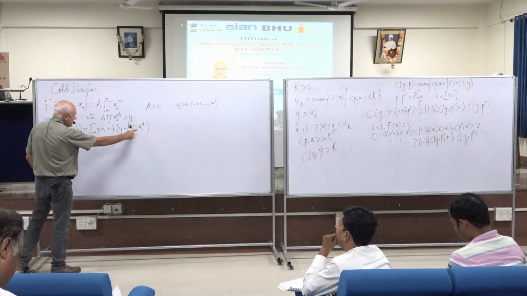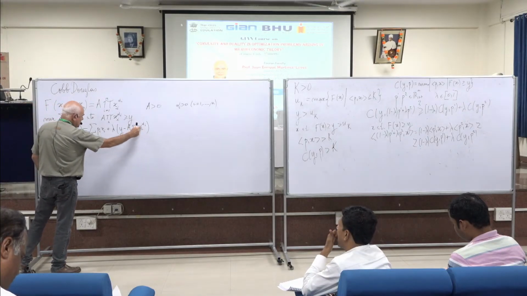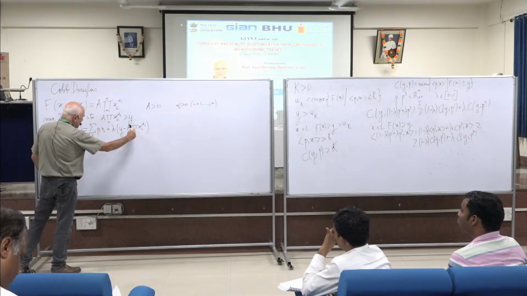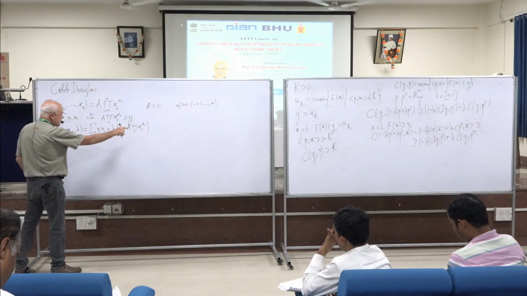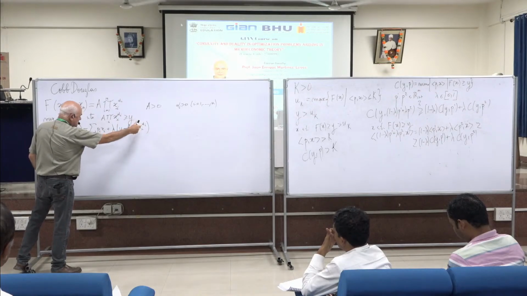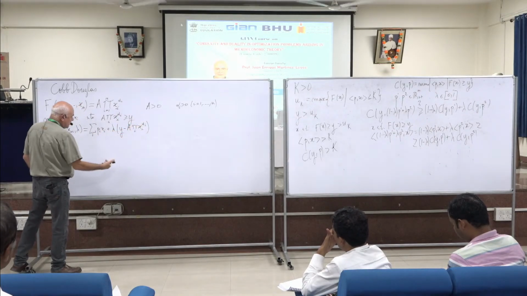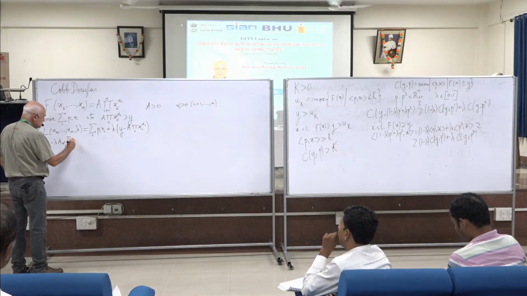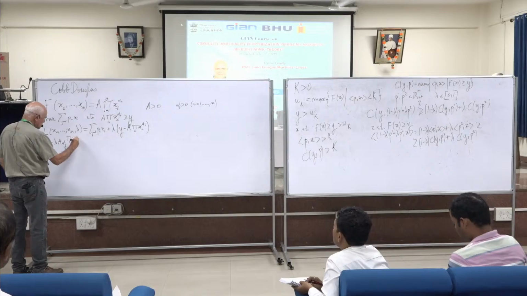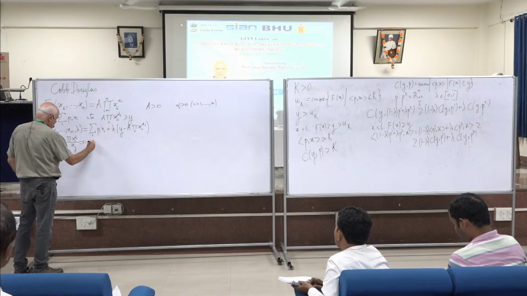Here xj to alpha j would become alpha j times xj to the power alpha j minus 1, which means we are dividing by xj. This is equal to 0.